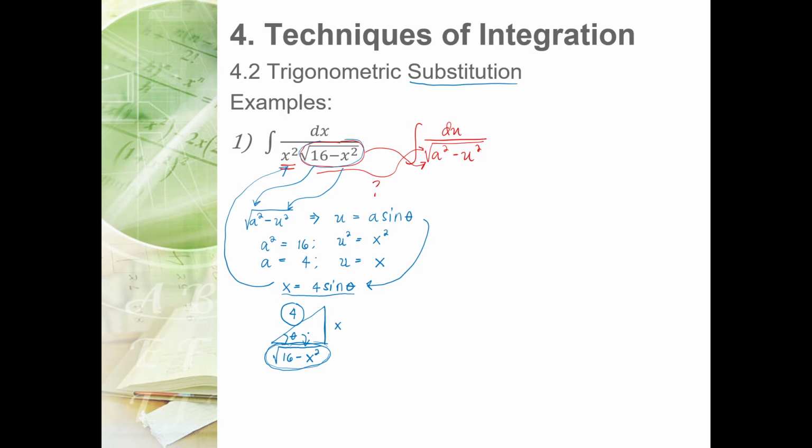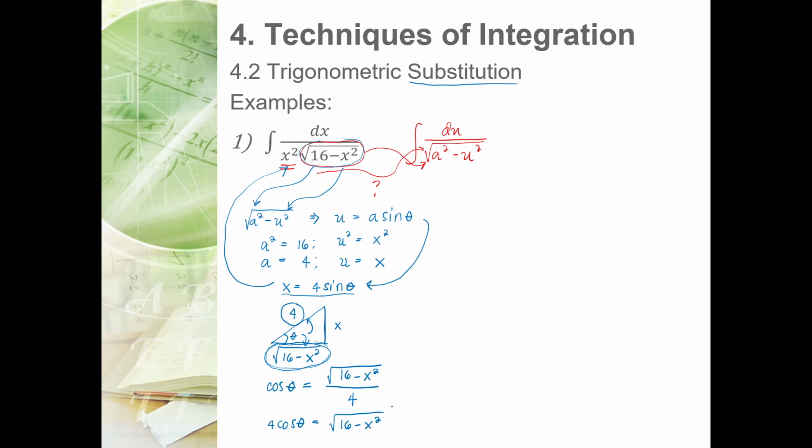Adjacent side all over the hypotenuse. So writing it down, cosine theta is equal to the adjacent side, square root of 16 minus x squared, all over 4. Isolating the square root of 16 minus x squared, we have 4 cosine theta is equal to the square root of 16 minus x squared.